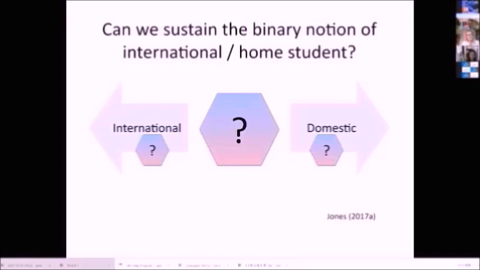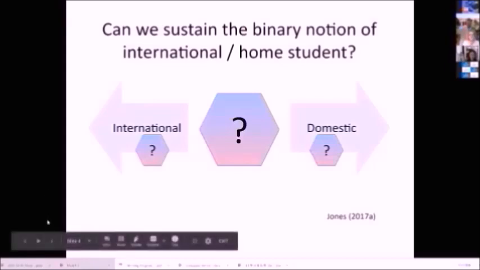Students will have a range of different cultural backgrounds, will have a range of contexts that they come from. So they may be the first in their family to attend university, but they may also have their own family, they may have a disability, and so on. I think the way we think about diversity and cultural differences needs to be informed by a broader awareness of the kinds of students that we have in our classroom.